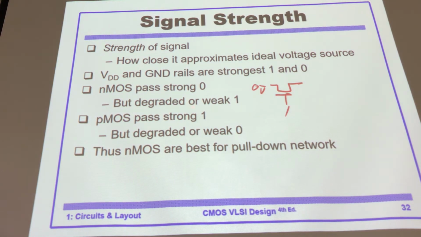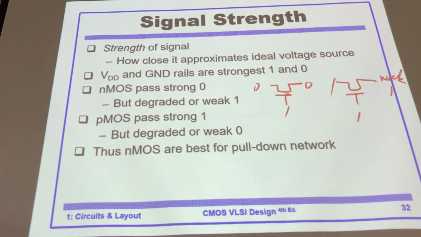But degraded or weak 1. However, for an NMOS transistor, it's on. Okay, strong 0. When it's passing 1, it's going to be a weak 1. It's a relatively weak signal, meaning it's not really the VDD voltage, a little bit lower than that.